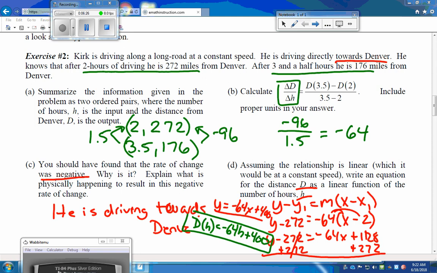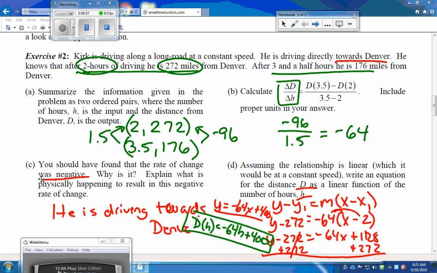That's how many miles he was away from Denver when he started driving. And the negative 64, yes, it's negative, but 64 represents the speed he's driving towards Denver. He's losing distance, but in terms of speed, he's going 64 miles per hour, because it's based on miles and hours, which is our rate of speed.